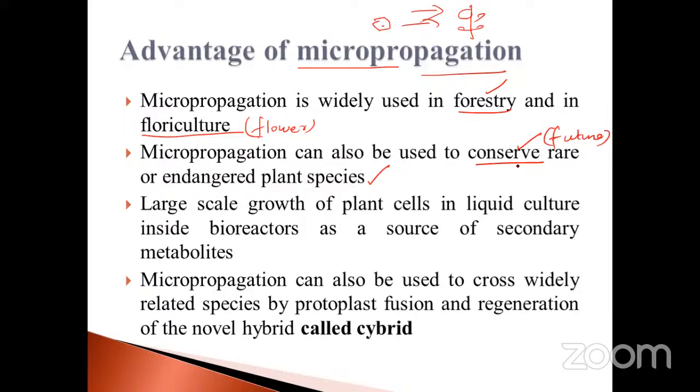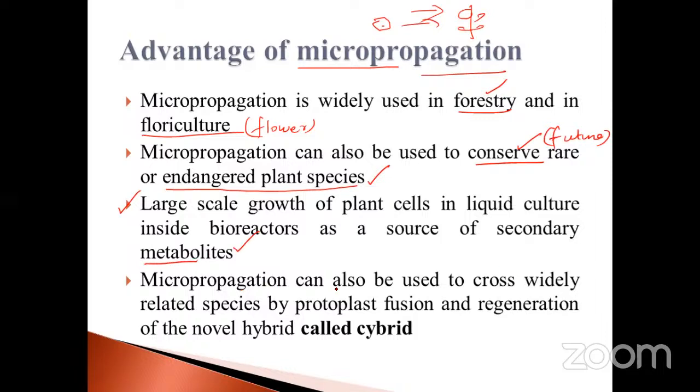That is also very, very important. Some endangered species can be conserved by micropropagation. It is also one of the important points. The third point is large scale growth of plant cells in liquid culture inside a bioreactor as a source of secondary metabolites. Already we discussed this point.